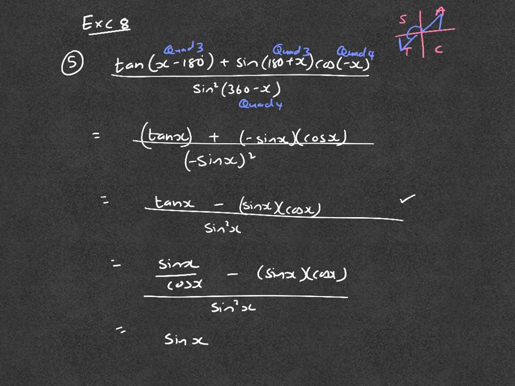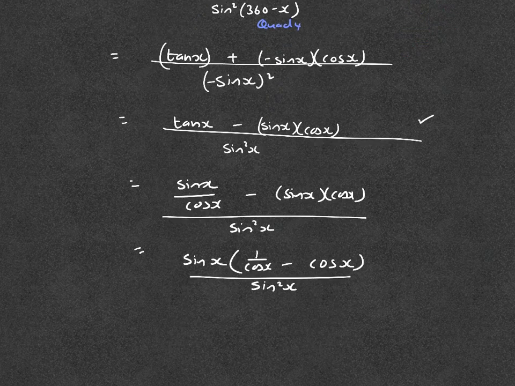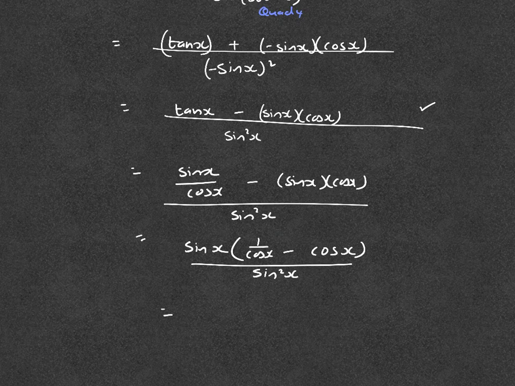That means if you take sine x as a common factor from the numerator, you get 1 over cos x minus cos x, and on the denominator you still have sine squared x. What is sine x divided by sine squared x? That is just sine x on the denominator. That's the same as x divided by x squared. What is a divided by a squared? It's 1 over a. So we've got sine x on the denominator, and 1 over cos x minus cos x on the numerator.